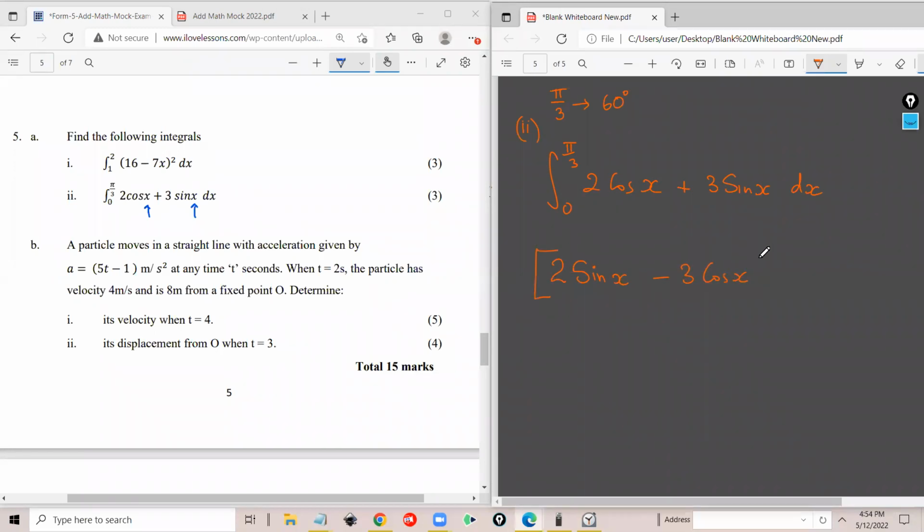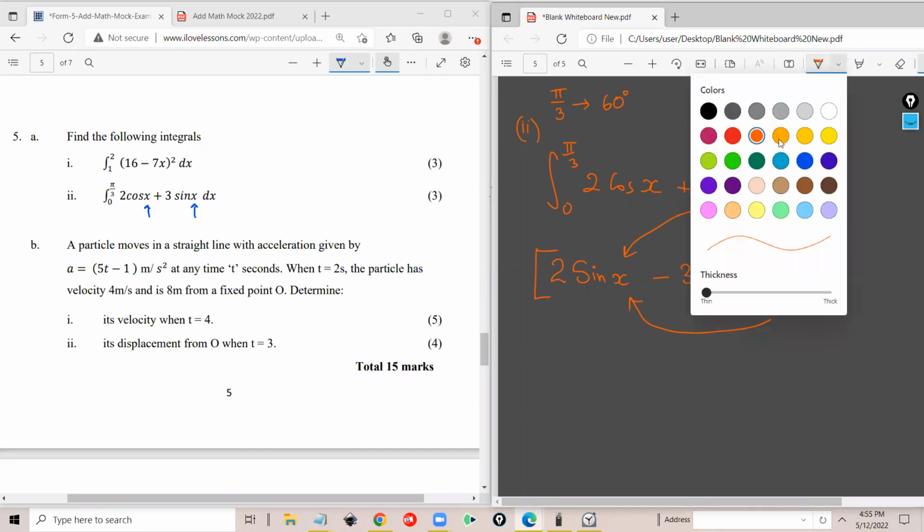Of course, you put little square brackets like this. This is pi on 3, which is really secretly 60 degrees, and over here is 0. So you all know what to do. Replace both x with 60, then both x with 0, and you minus them. Anybody has a final answer on that one as yet?